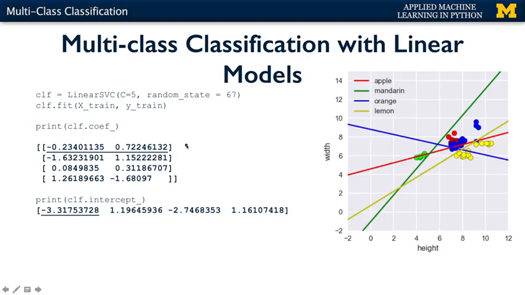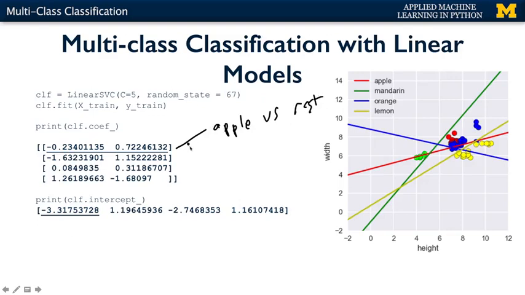And so what scikit-learn has done here is it's created 4 binary classifiers, 1 for each class. And so you can see there are 4 pairs of coefficients here, and there are also 4 intercept values. So in this case, the first pair of coefficients corresponds to a classifier that classifies apples versus the rest of the fruit.